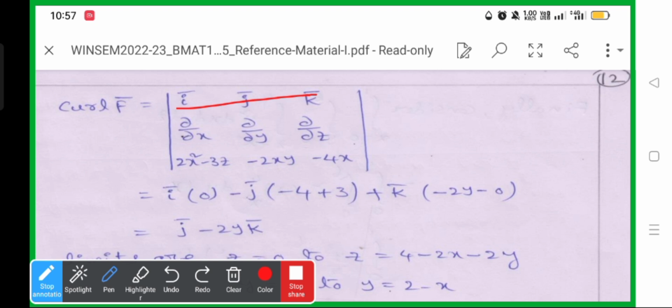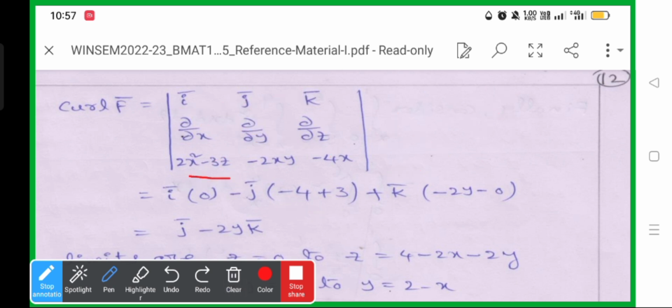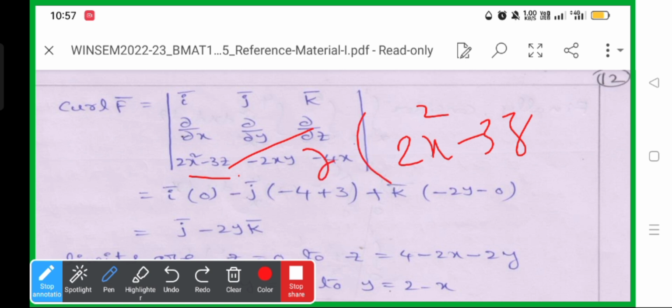Now you forget about this line. Okay, now we have to deal with this line and this line. So dou by dou x of minus 4x is minus 4. So that is the term. Next, 2x square minus 3z with dou z. Here we have to differentiate with dou by dou z.